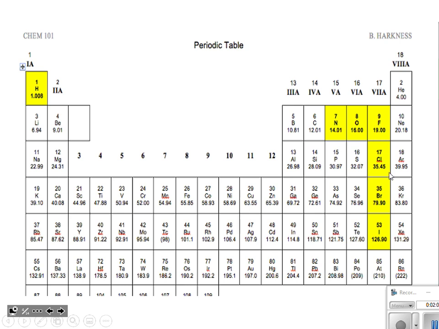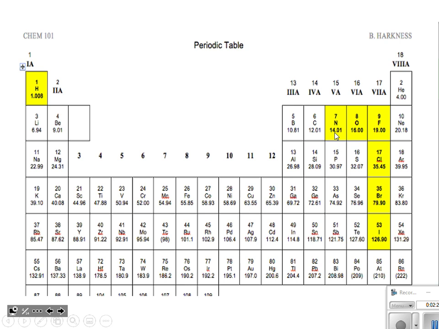They make a 7 on the periodic table, other than this guy all the way over here, other than hydrogen. So there are 7 of them. Thank you. They make a 7 on the periodic table, and they start with element number 7.